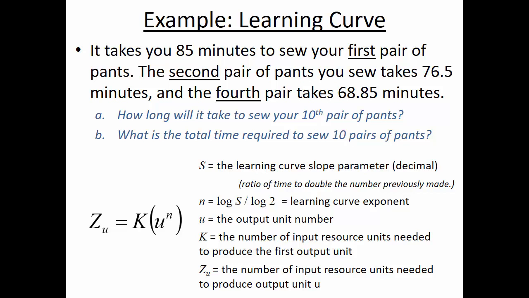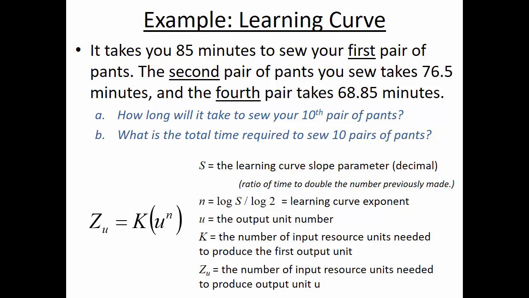And so from that, we can calculate the factor S. So S is 76.5 minutes over 85 minutes. And so the learning curve slope of 0.90 applies here.